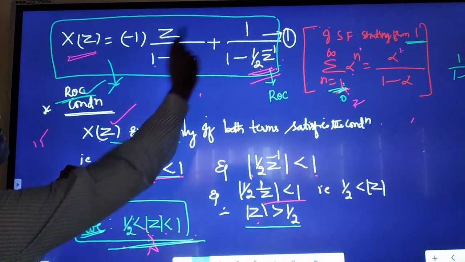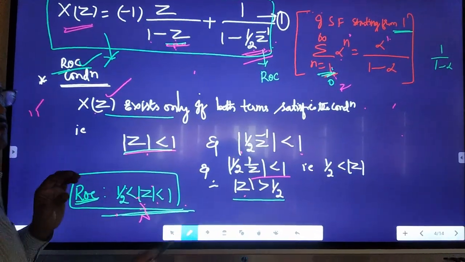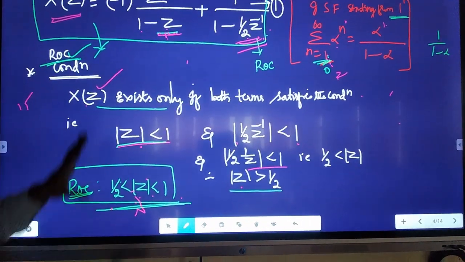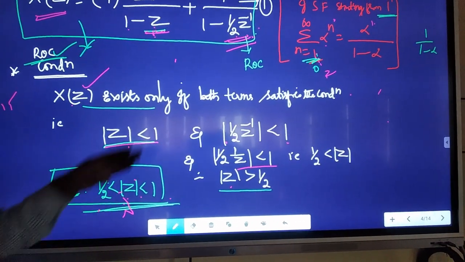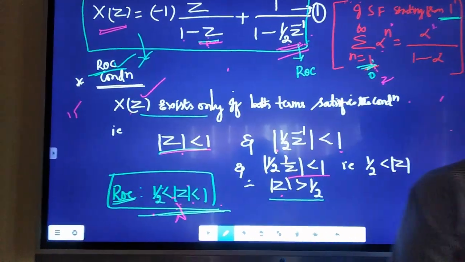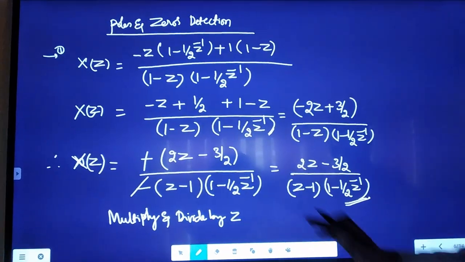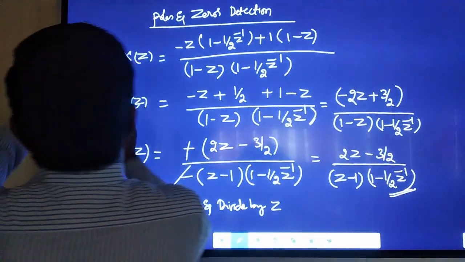Ratio of x of z as ratio of simplifications of 1 and get 2. That is ratio of numerator by denominator, Z polynomials actually. Then by using that equation we can see those zeros and poles. Right?